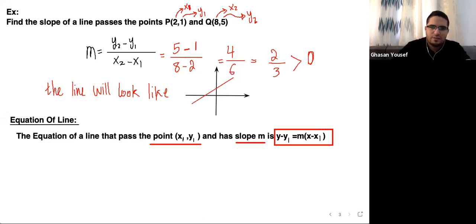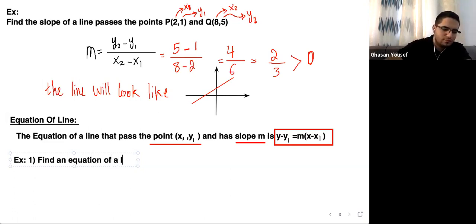I'm going to give you an example for this. Example number 1. Find an equation of a line that passes the point 1 and minus 3 with slope minus 2.